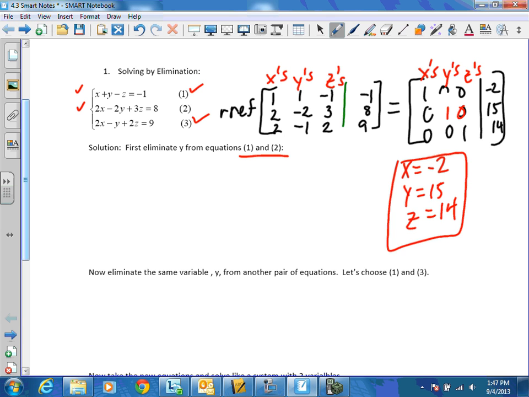All right, so we'll do 1 and 2 first. So if I want to eliminate the Y's, what am I going to have to do? Multiply by 2. Okay, so I'm going to take this and multiply by 2.